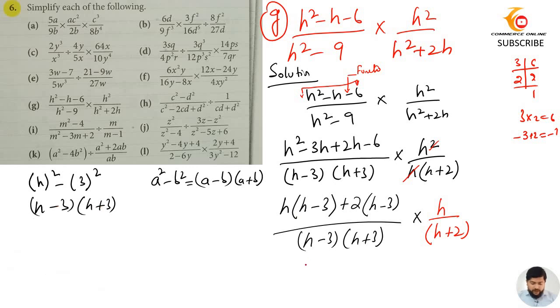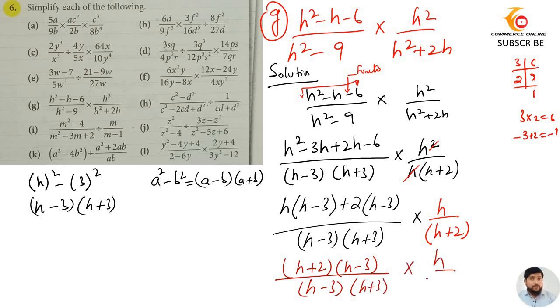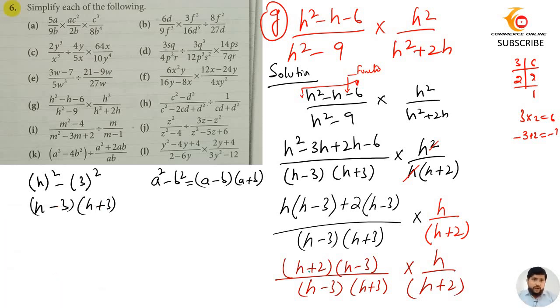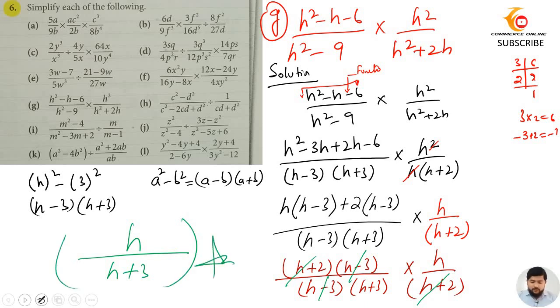Further, h plus 2 and h minus 3 is the remainder here, and h minus 3, h plus 3 multiply by h plus 2 will remain here. Now if you focus, h plus 2 can be cancelled with h plus 2, h minus 3 can be cancelled with h minus 3, so we are going to have h plus 3, and this is our answer.